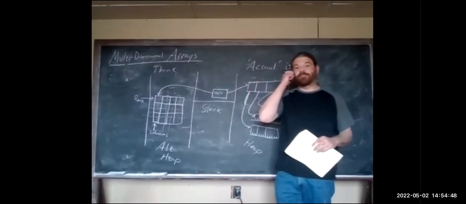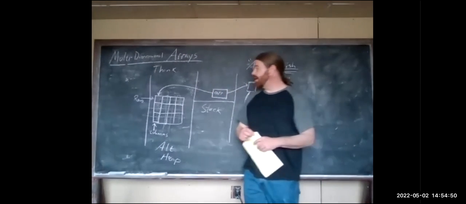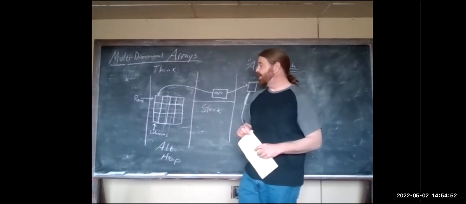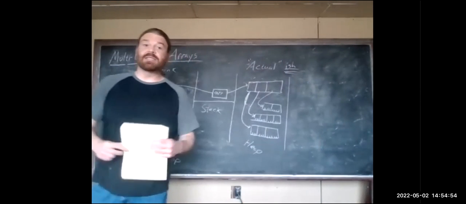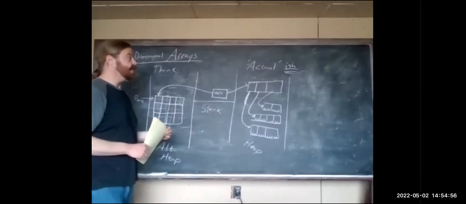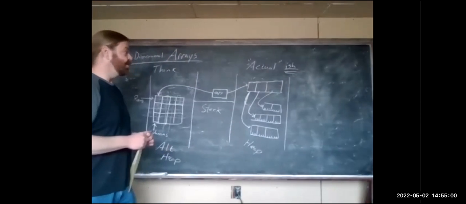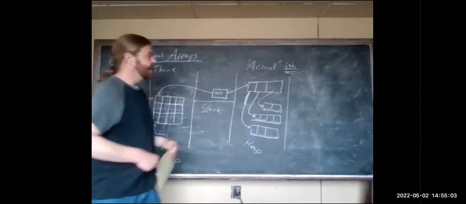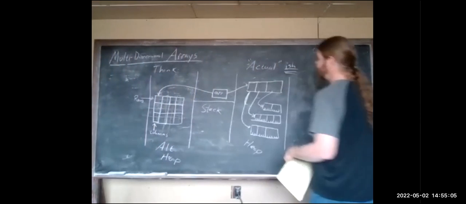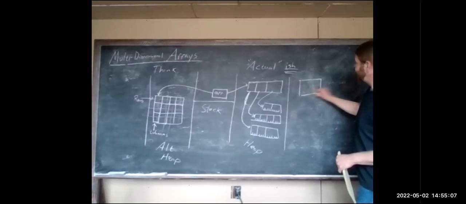So the question popped up in the chat room about whether it's like a relational database. Yes, a relational database is made of two-dimensional arrays, and the thing with relational databases is the relationships. So let me draw a couple tables over here.